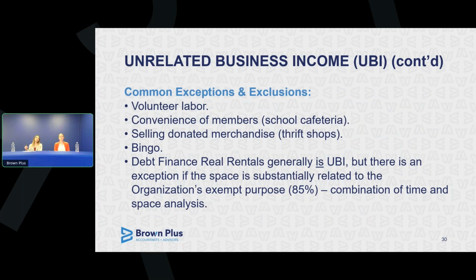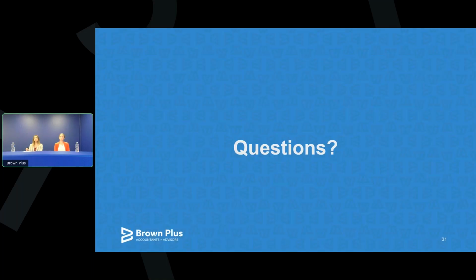A common example that I see is a nonprofit school that has facilities, their gym, their soccer field, other places like that that they may rent out to the public periodically. That would likely fit this exception, even if the property is mortgaged, because you're meeting that threshold. And that 85% is a combination of time and space analysis that you can perform, and there's some objectivity there.